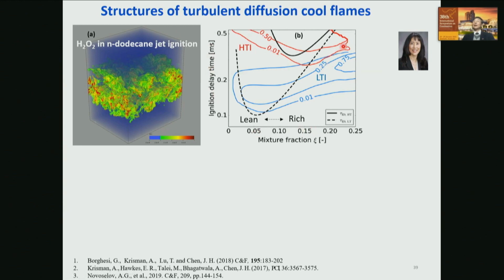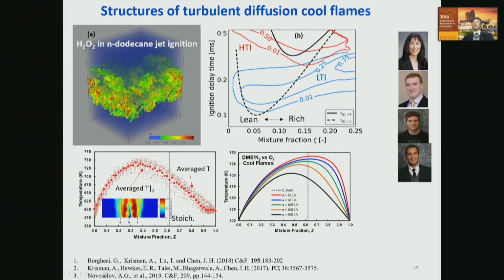For high temperature flames, you can see that the ignition kernel develops near the stoichiometric conditions and near the shortest high temperature ignition delay condition. However, for cool flames, the shortest ignition delay time is here, but the ignition kernel develops at far richer conditions, different from that shortest ignition delay time location.